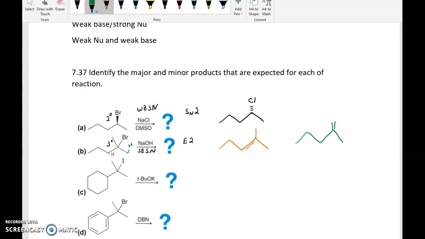Okay, if we have this compound and we use this reagent, we have a strong base and a strong nucleophile. We've got a charged oxygen here. It's sterically hindered. And our substrate is tertiary.